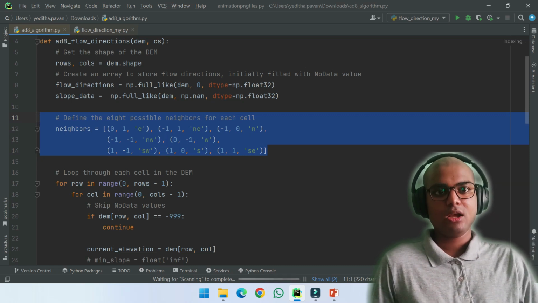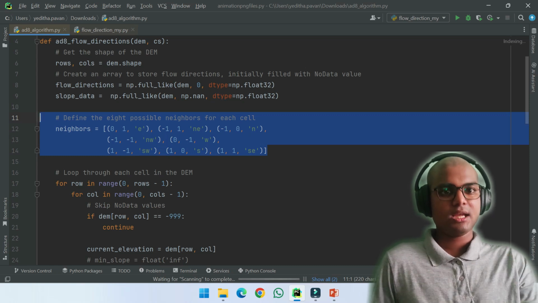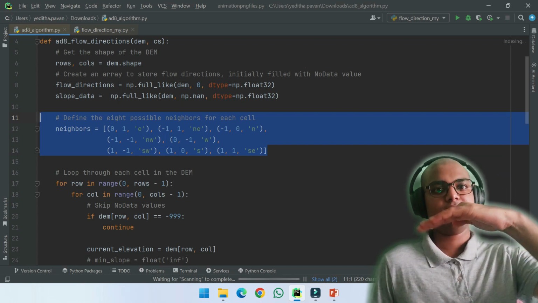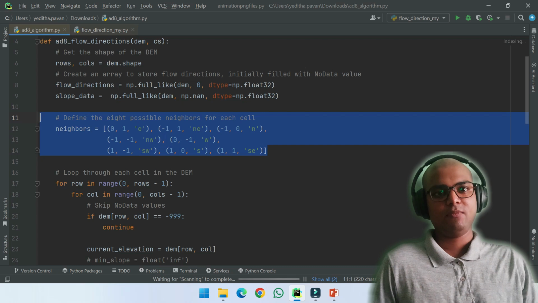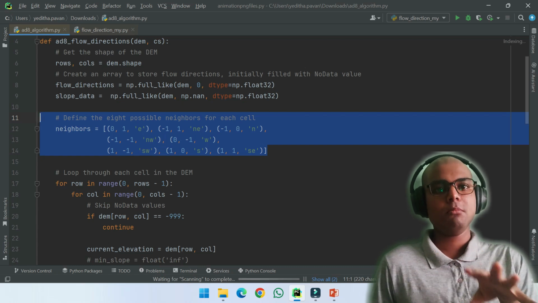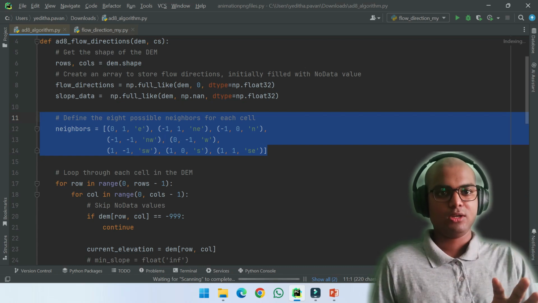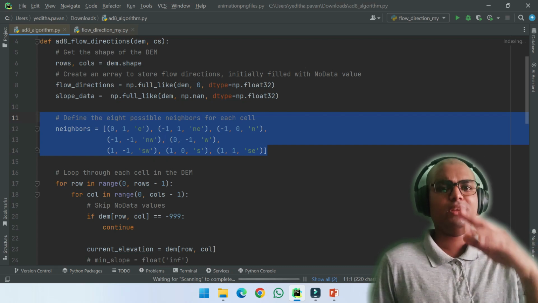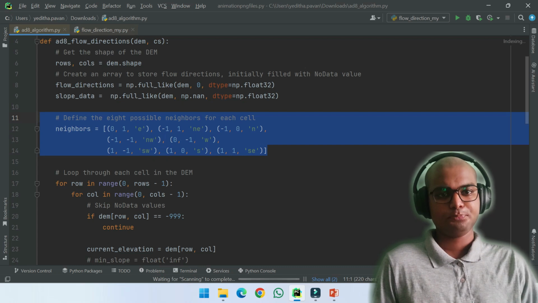So if you see here, 1 is shown as east, and northeast and so on are given as 2, 3, 4, 5, 6, 7 and 8. So that is how I'm going to represent my directions in the code. You can change it upon your preference, but I'm using it in this manner because it's convenient for me.